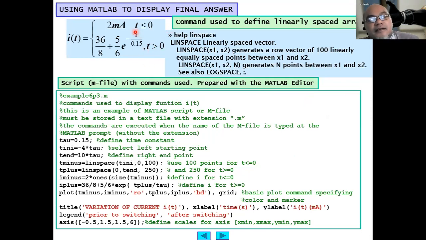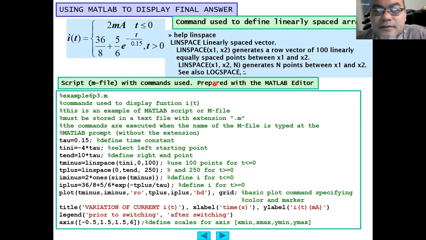And at t larger than 0, this is the value. So this can be programmed like this. linspace is to generate a linearly spaced vector between x1 and x2. If you don't put the number of points, it will consider it as 100.